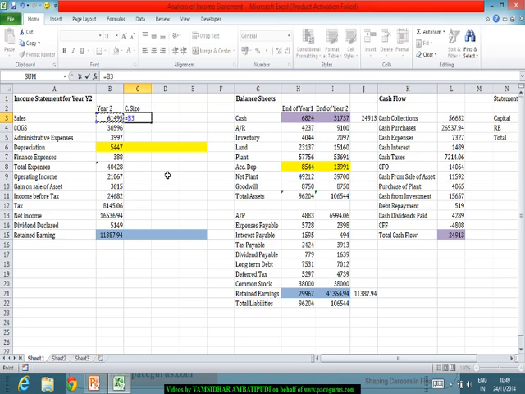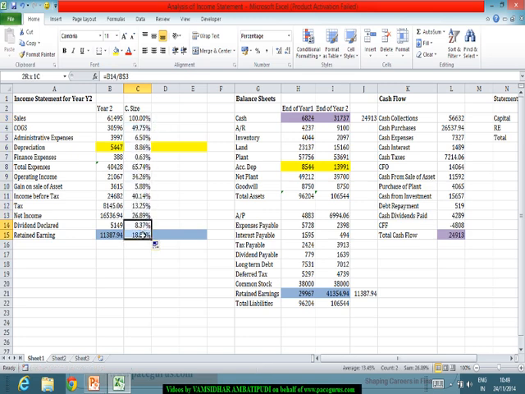So I'll take the sales, divided by the sales. That gives me 100%. If I'm putting it in percentage form, 100%, and when I drag it across, I can see that net income is 26.89%.